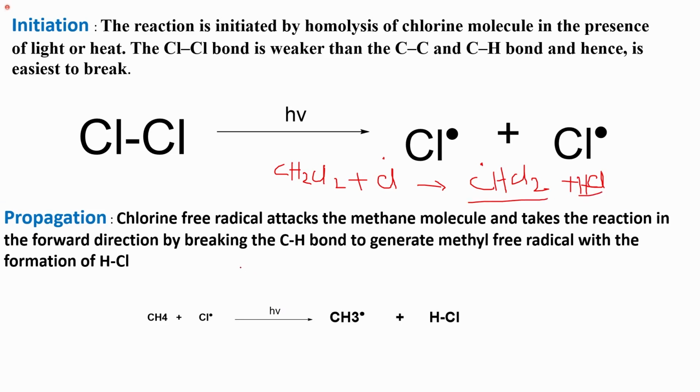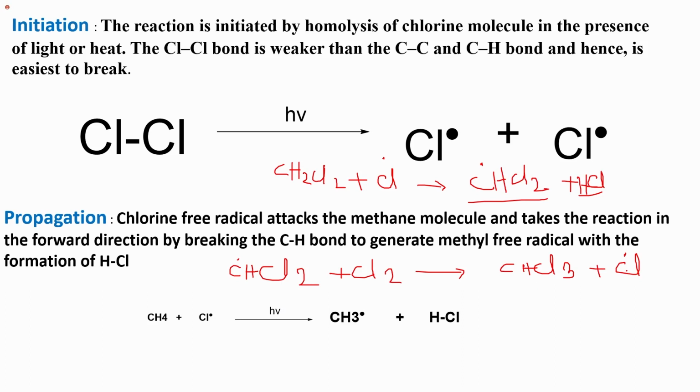Now again you have in your reaction mixture CHCl2 plus Cl2. Now what will it form? It will form CHCl3 plus Cl dot.